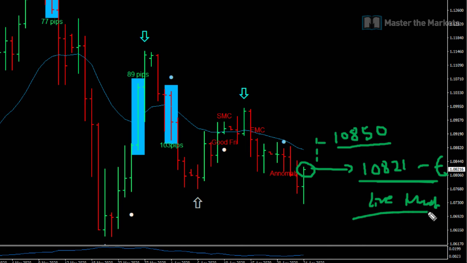Now, if it has already gone away, if it has already traveled, then you've got to look back at the examples I told you. Current market price in the morning is 108.50, but you want to enter at 108.21.